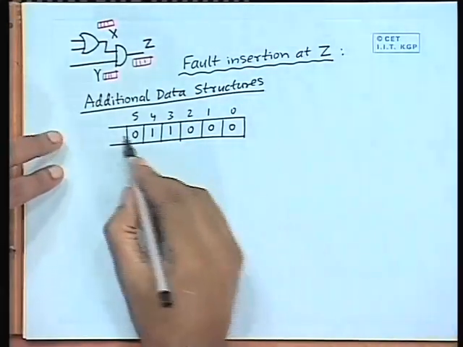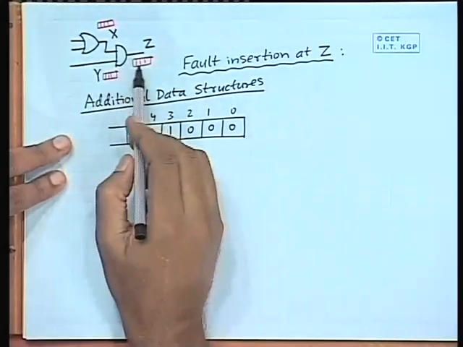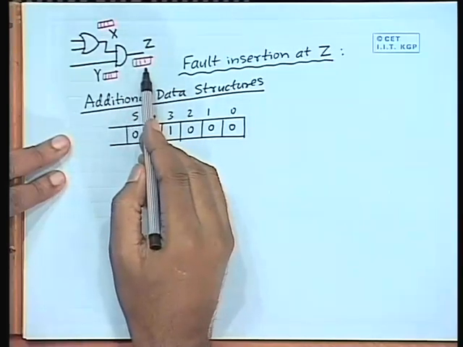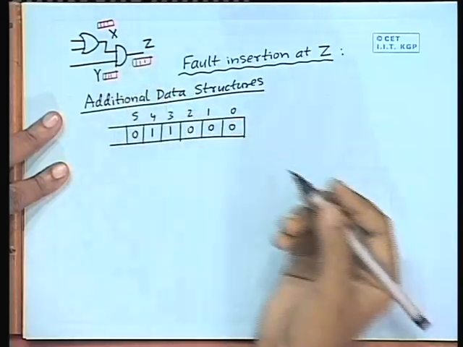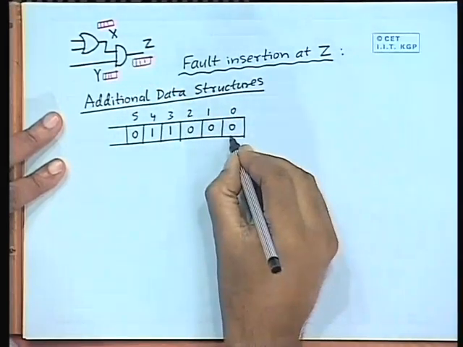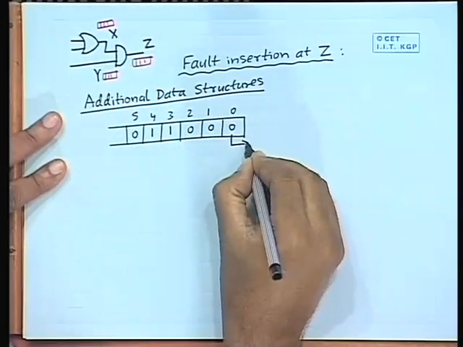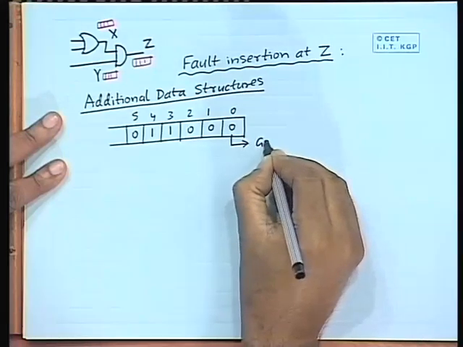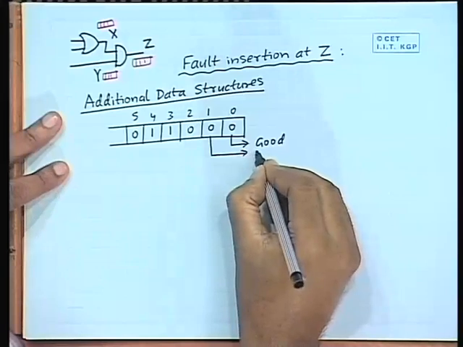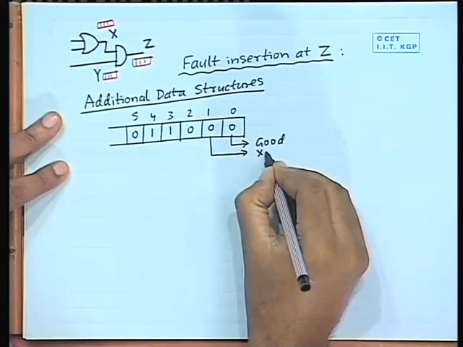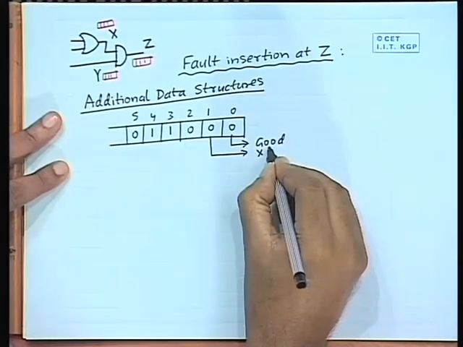This is the list that I am just talking about. Just taking an example, suppose the first bit indicates the value for the good circuit, the second bit is the value for the fault X stuck at 1.